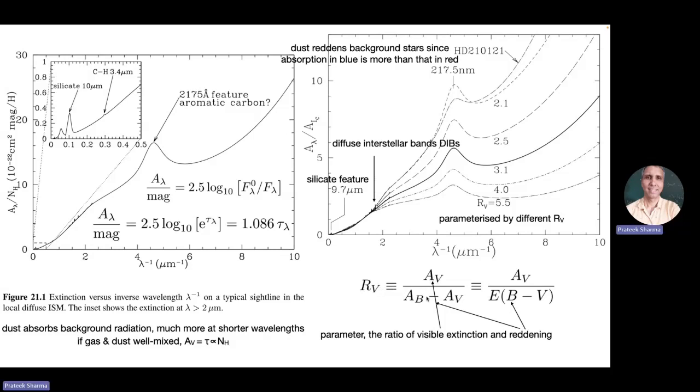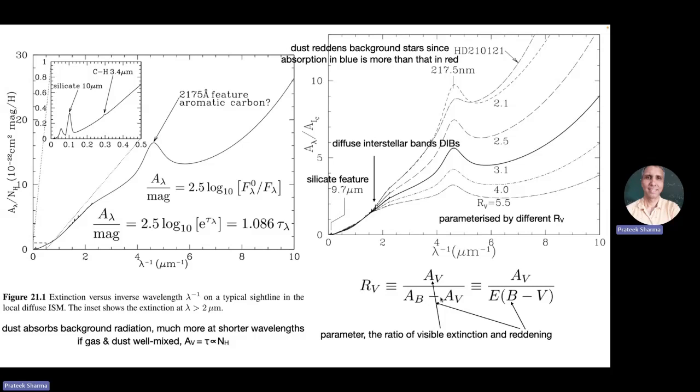So this parameter RV is the ratio of visible extinction to reddening, right?